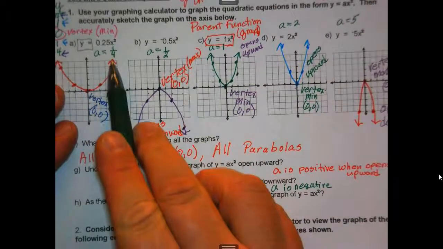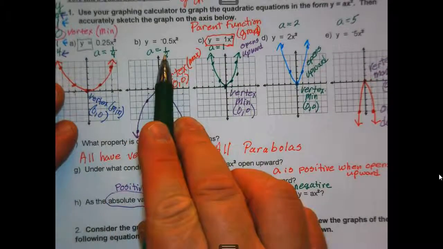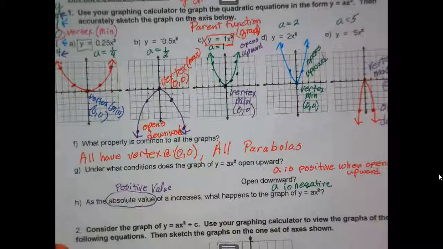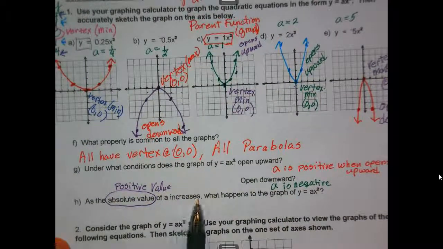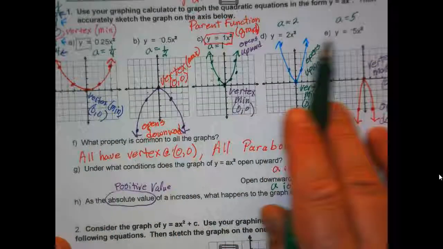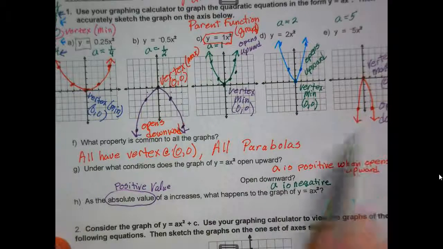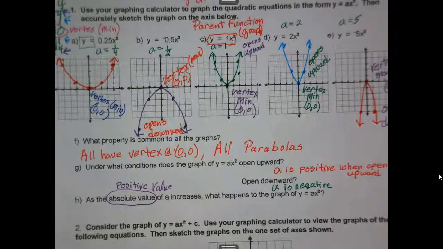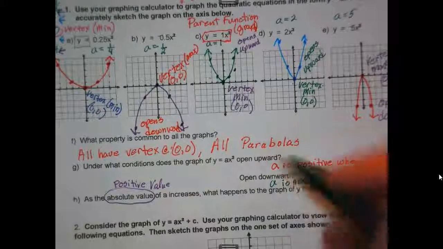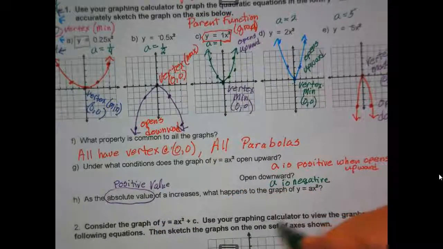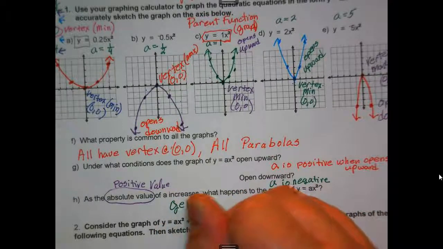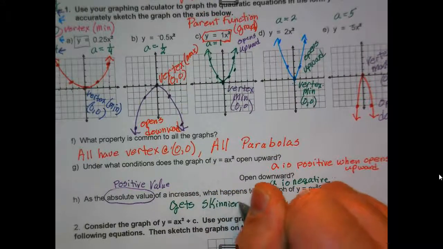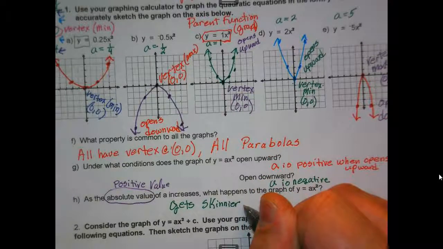So it looks like we're going from small, a little bigger, double, a lot bigger. As my A increases, what happens to my parabola? It gets skinnier, right?